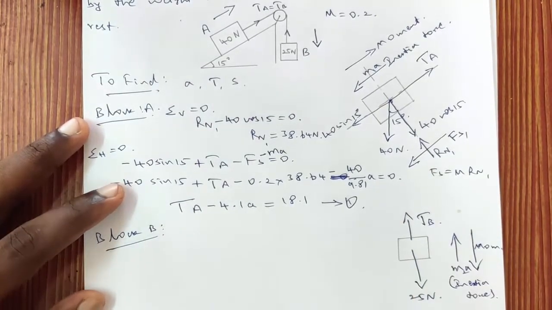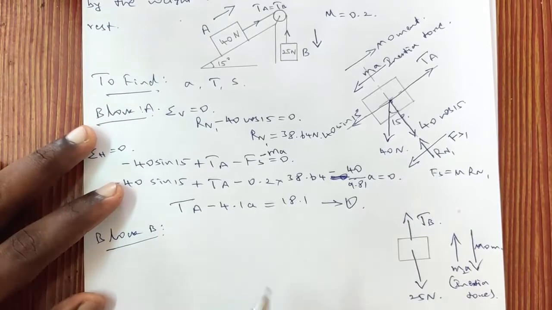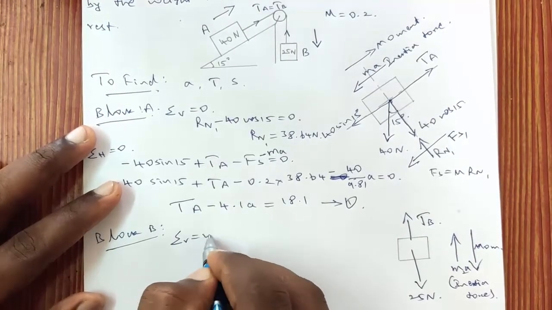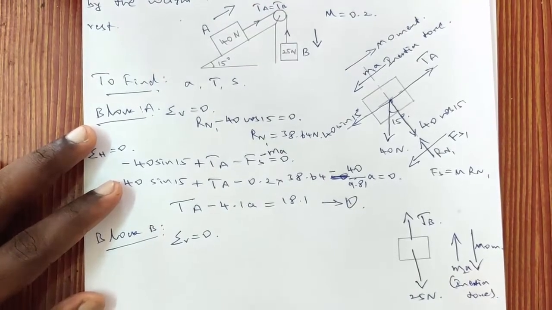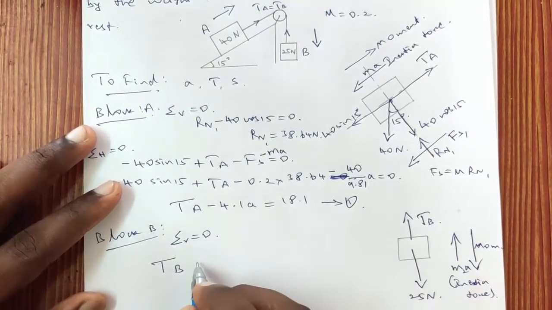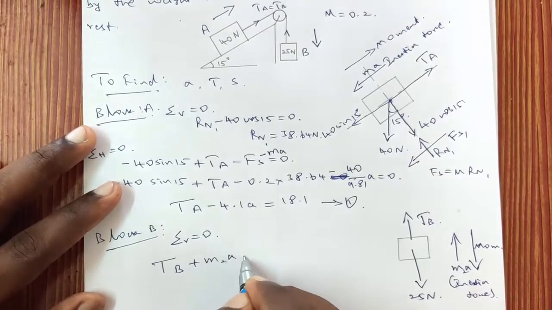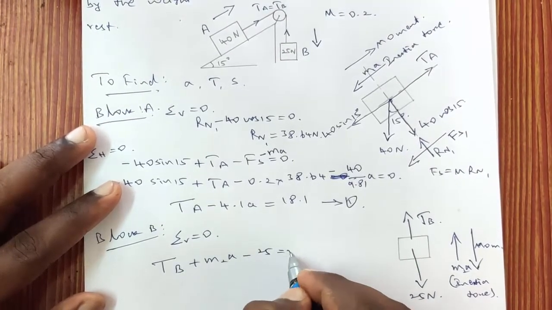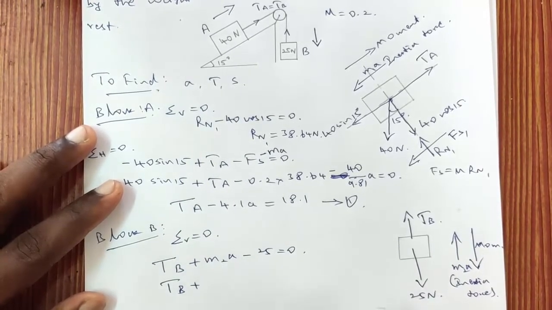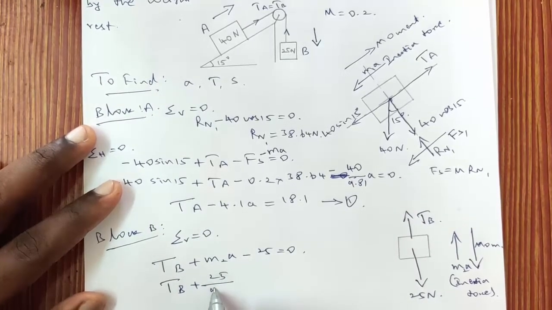Okay, so there is no horizontal component here, so we'll write summation of vertical force is equal to 0. So TB is acting in the upward direction, so TB plus M2A minus 25 is equal to 0. Further we can substitute the value of M2, it is TB plus the weight is given, so it is 25 divided by 9.81 A is equal to 25.